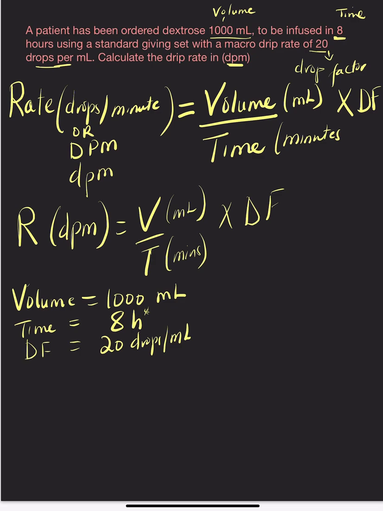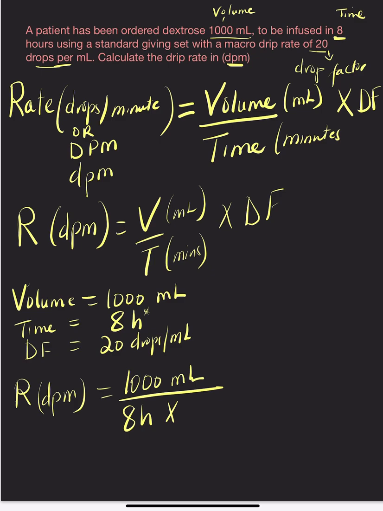So the rate in DPM is equal to the volume, which is 1,000 milliliters, divided by time, which is 8 hours. But remember, because it's 8 hours, we need to multiply this by 60 minutes, because in 1 hour we have 60 minutes. So in 8 hours, how many minutes are there?